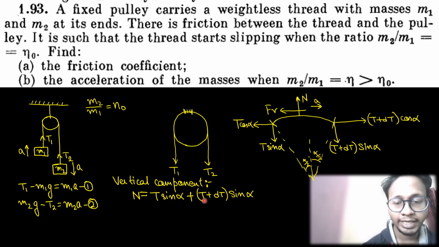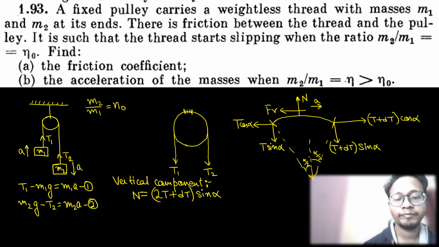Now T sin alpha and T sin alpha would be added. It would be 2T sin alpha plus dT sin alpha. Taking sin alpha common, it would be (2T plus dT) sin alpha. This is the vertical component equation.